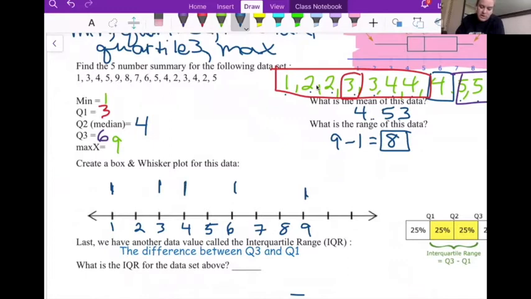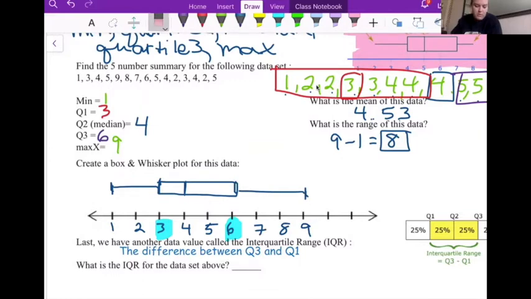And so basically we're going to have a line, we're going to make a box in between our Q1 and Q3, with a line at our median, and then we just connect the maximum and the minimum to our box. And so that is our box and whisker plot.